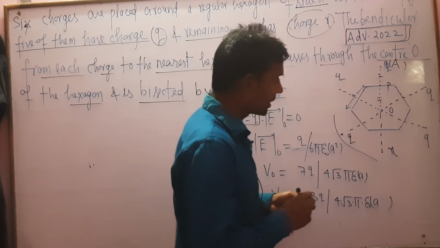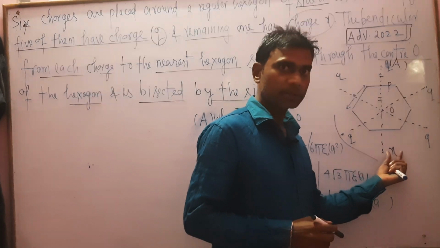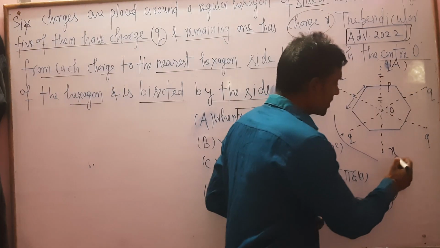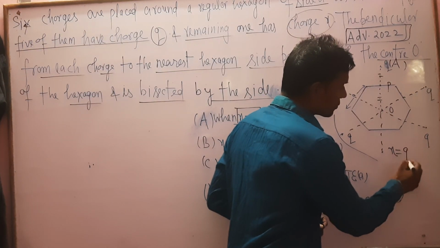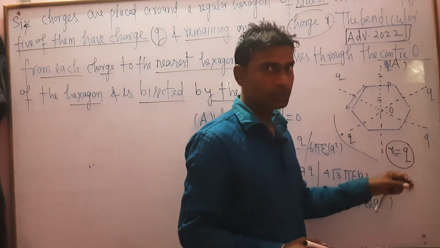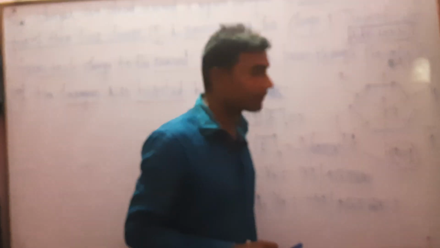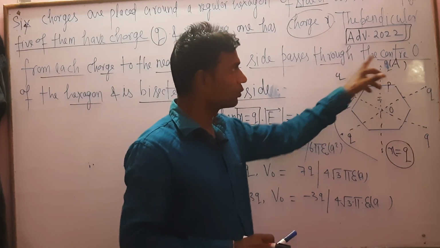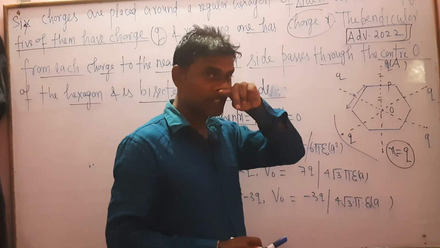So according to the figure, let us suppose x equals q. We need the net electric field at point O due to these 6 charges.